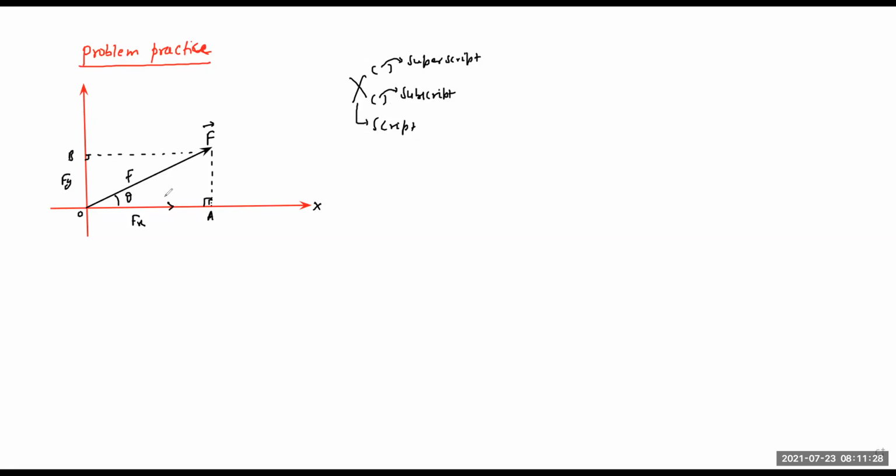So Fx means F, and x is the subscript. It shouldn't be written as F multiplied by x. It is F sub x, like subscript notation. In physics, it is very essential to learn this art of writing.